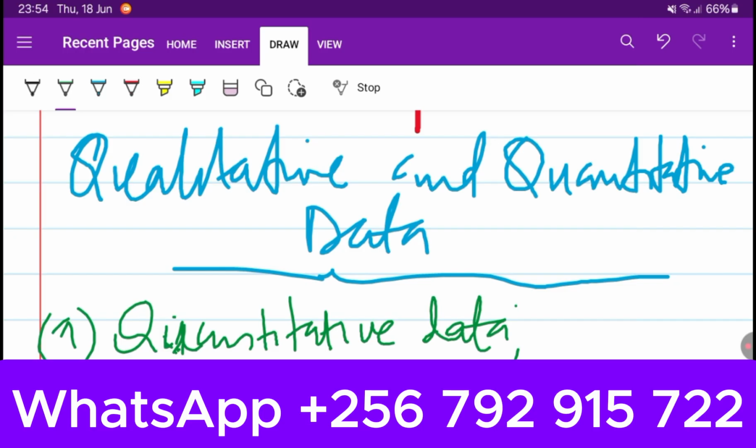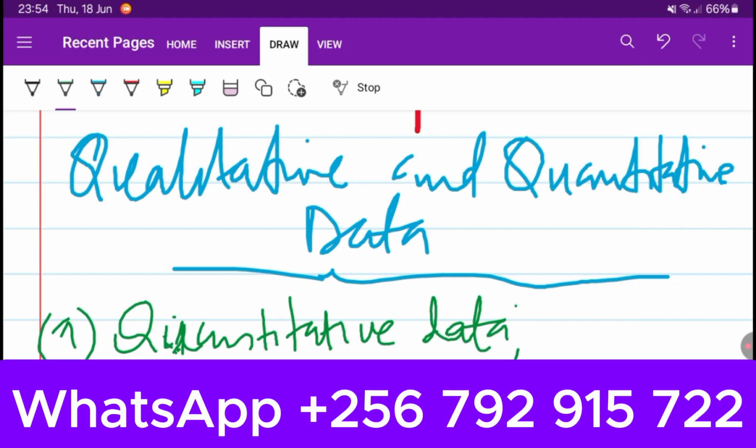When we are talking about quantitative data, we are basically talking about all that information that can be quantified, or expressed in numerical terms.